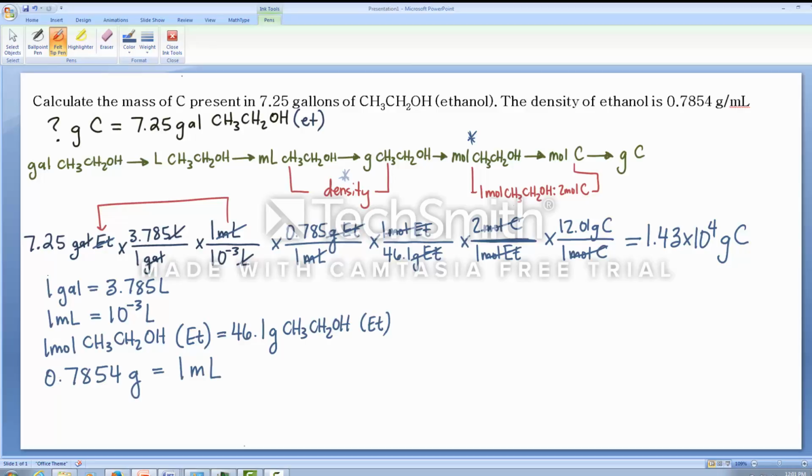And we've also used the fact that our chemical formula states that for every 1 mole of CH3CH2OH we get 2 moles of carbon. I abbreviated that and said that 1 mole of ET gives us 2 moles of C.